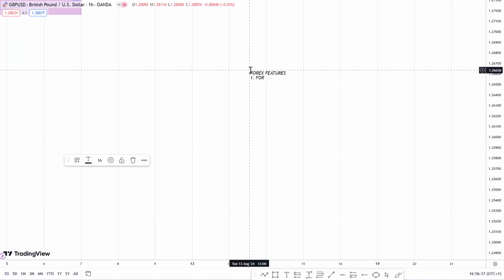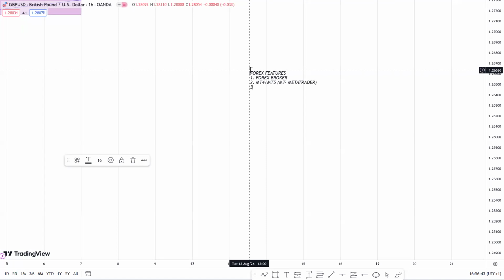we have the forex broker. Then we have MT4 and MT5, which in hindsight, MT means MetaTrader.